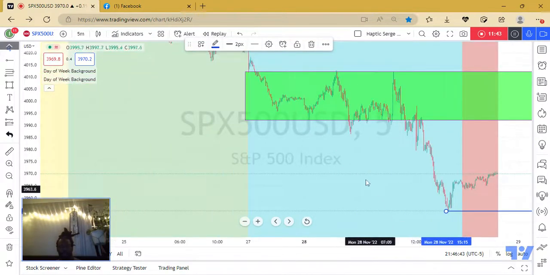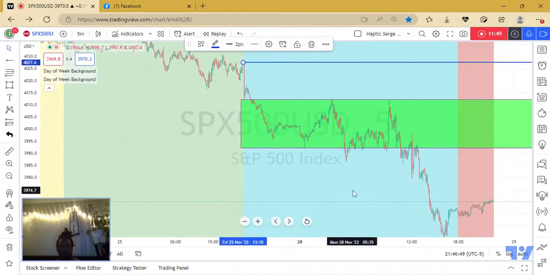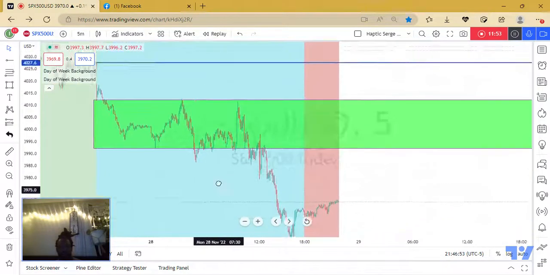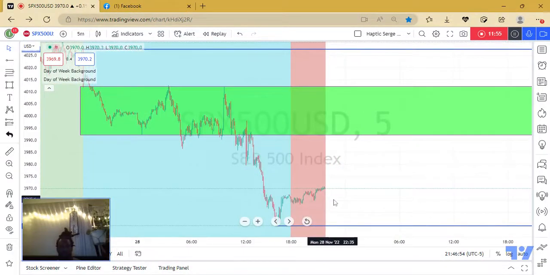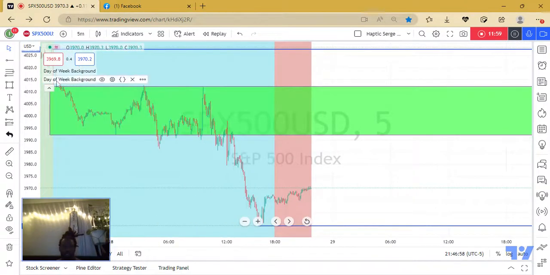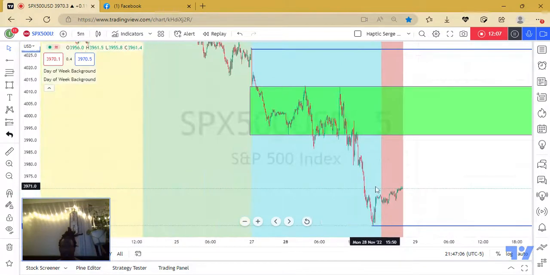Yesterday's high is way up here basically. So it's kind of like, what do you think the market is gonna do with this down or bearish momentum? Is it gonna actually break another low, yesterday's low?